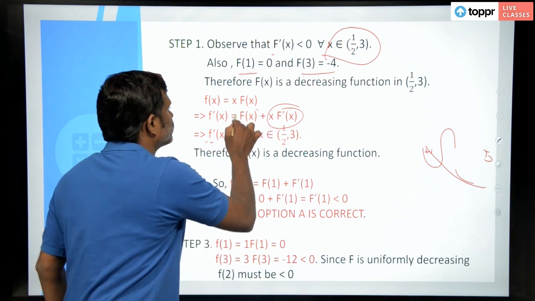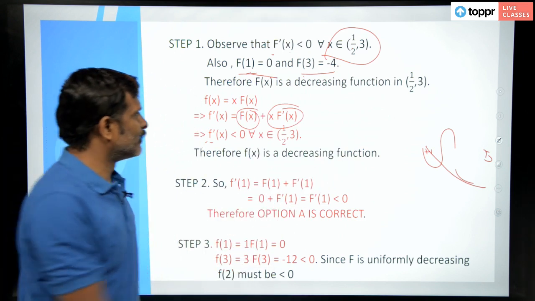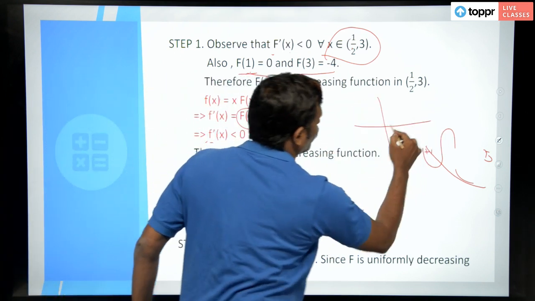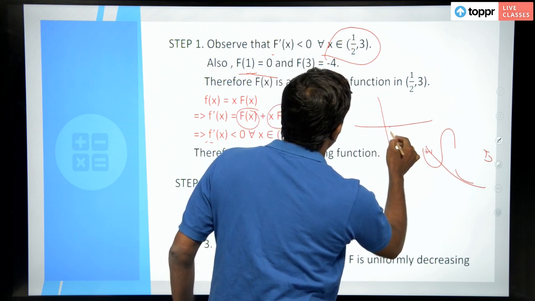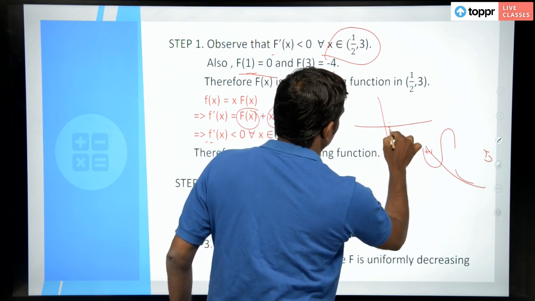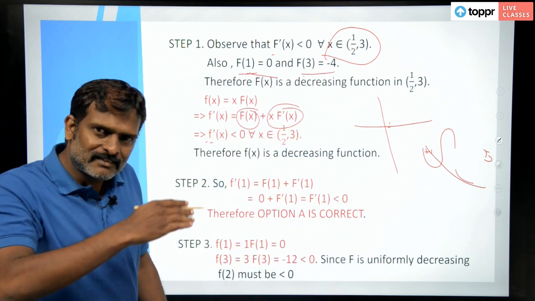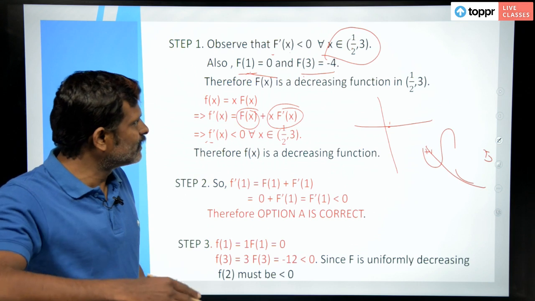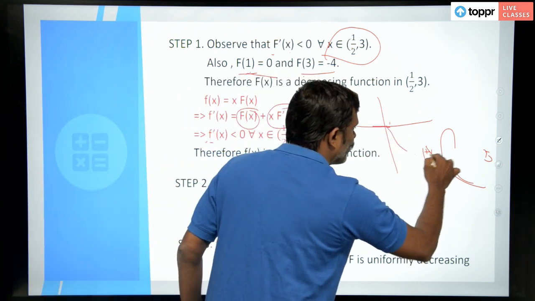So, this entire value is negative, correct. Then f of x, what are the values of f of x? f of x values also should be negative, because the starting point is at 0. At x equal to 1 the value is 0, the graph starts over there, and then it is continuously decreasing until 3, that means all the values should be below the x axis.